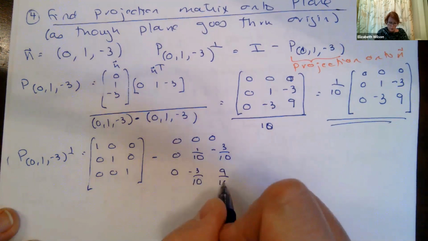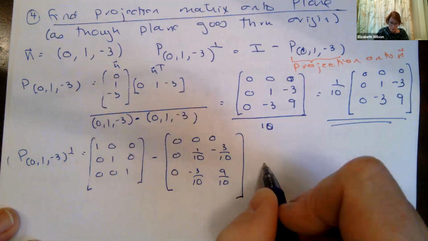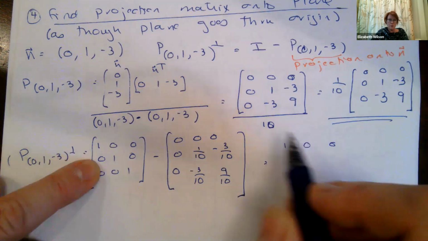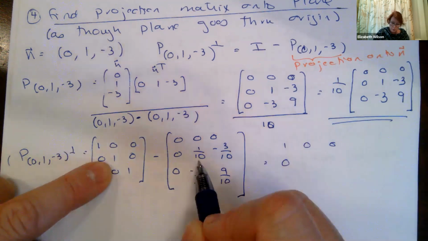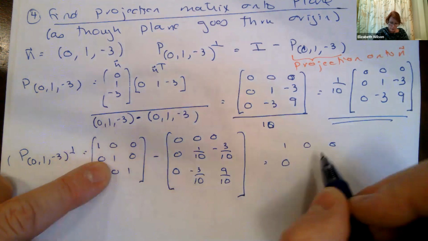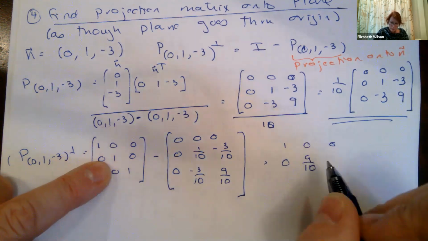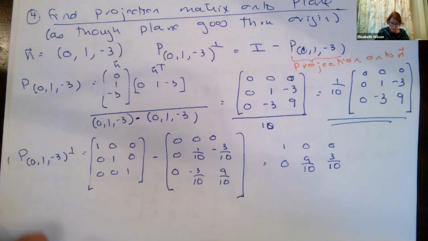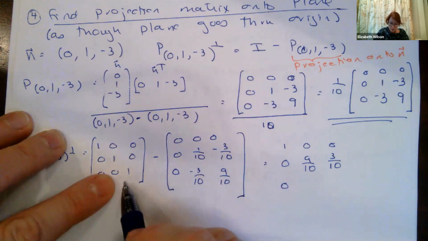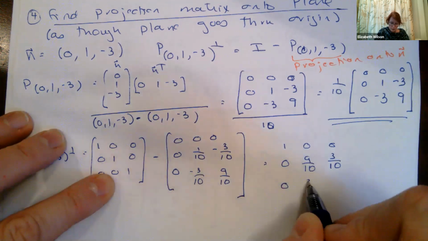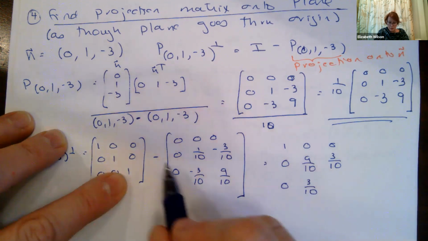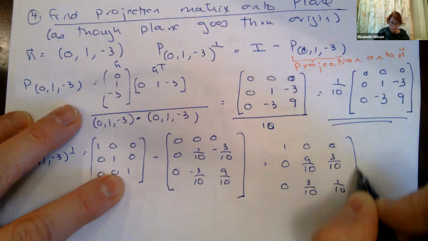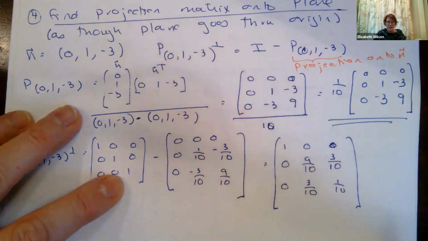It's going to look like this. 1 minus 0, 0 minus 0, 0 minus 0, 0 minus 0, 1 minus 1/10. 1 is 10/10. 10/10 minus 1/10 is 9/10. 0 minus a minus makes it positive. 0 minus 0. 0 minus a minus makes it positive. 1 minus 9/10, 10/10 minus 9/10 gives me 1/10.